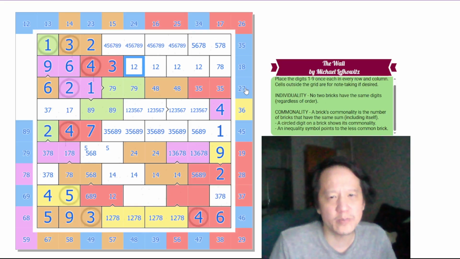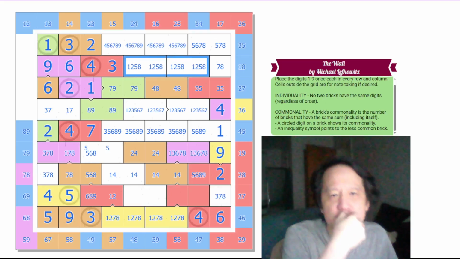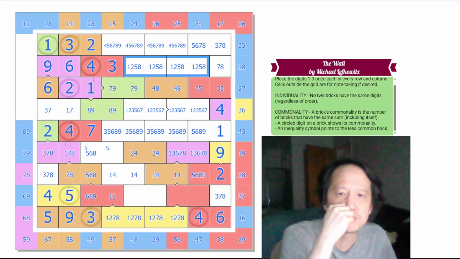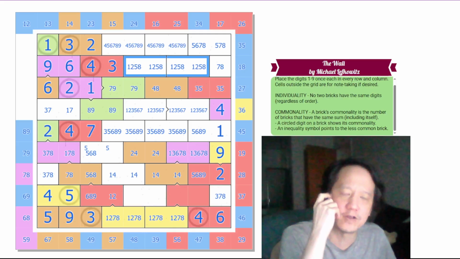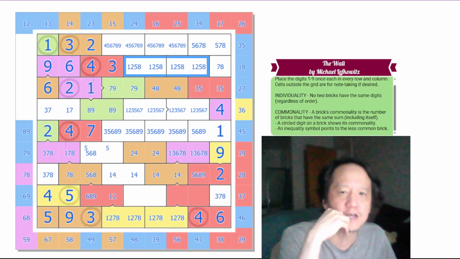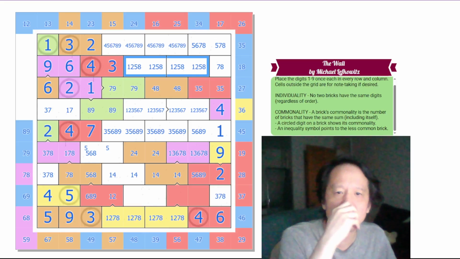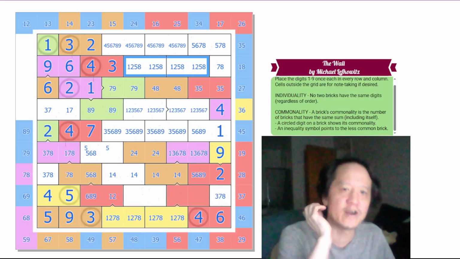So 2 cannot be with 7. 2 could be with 8, or 2 could be with 5 here. So 5 and 8 are valid. 1 cannot be with 2, 3, it could be with 4, but 4 is not valid. 1, 5, 7, and no 8. Interesting. So one of them's 2, 5. So it's either 2, 5 or 1, 5 here.